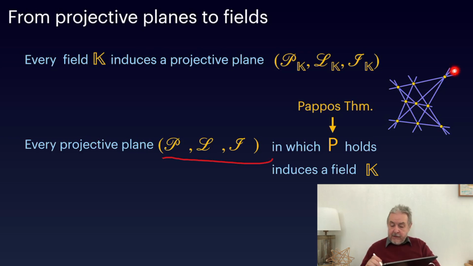So here's the incidence configuration for this statement, saying that whenever you have all the collinearities in that picture except for one, then the last one is satisfied automatically. Pappus theorem may hold within a projective plane or not, and if it holds, then you can construct a field from the projective geometry, and the purpose of this lecture is to show you how that works.